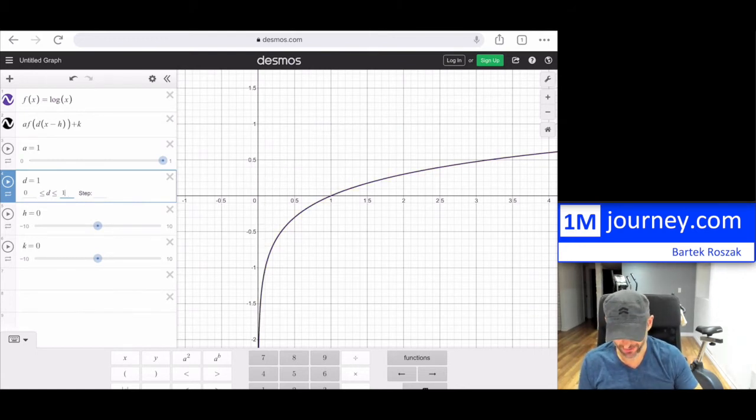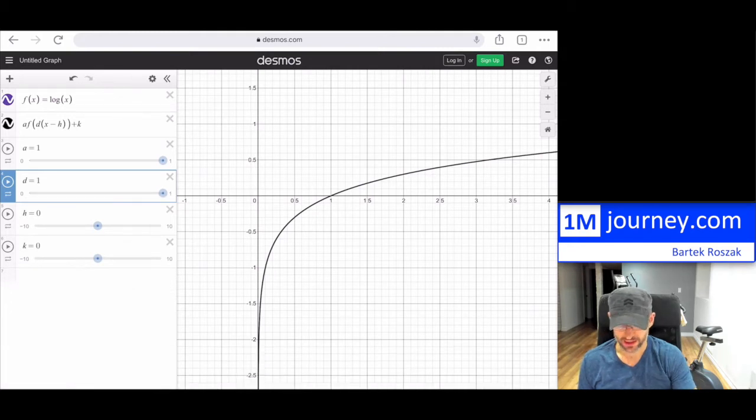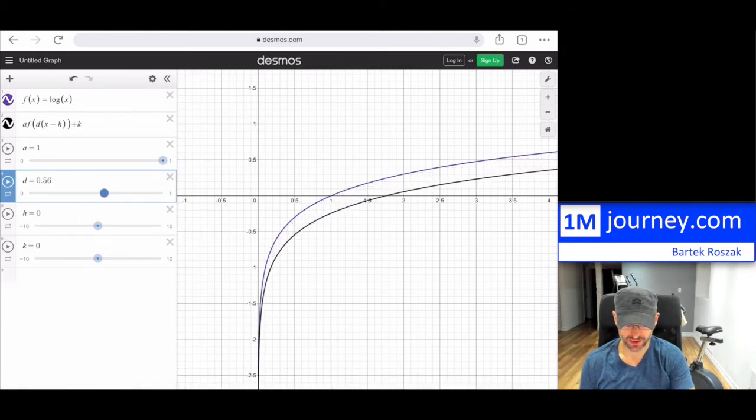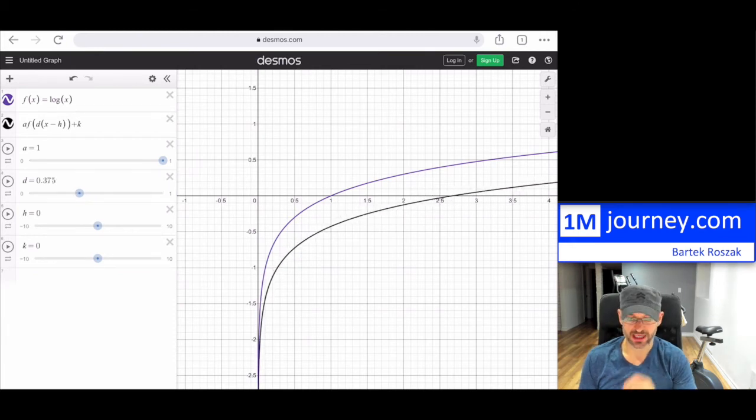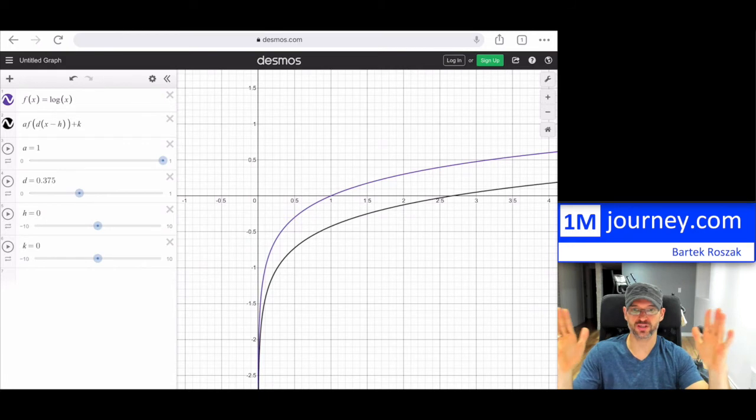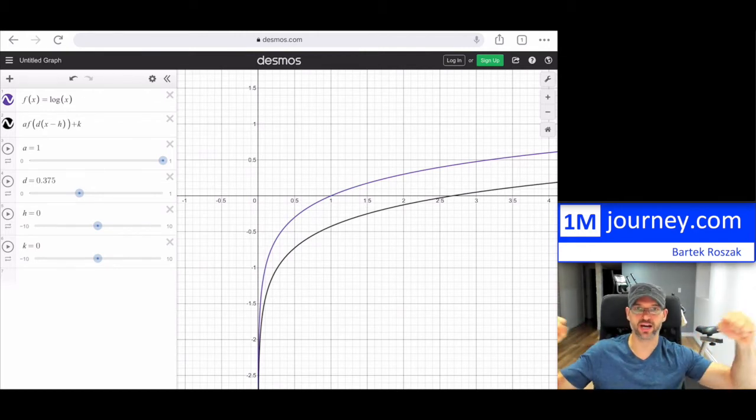then if I start making it smaller, let me grab it and make it smaller. It looks like it's getting shifted down, but what's happening is, this is now in the x direction. So what it's going to try to do now is stretch it out, right?